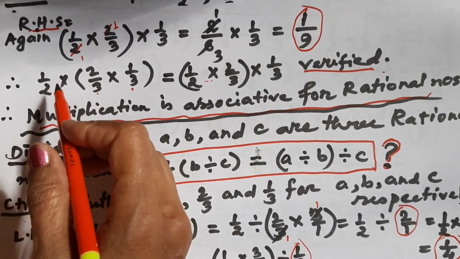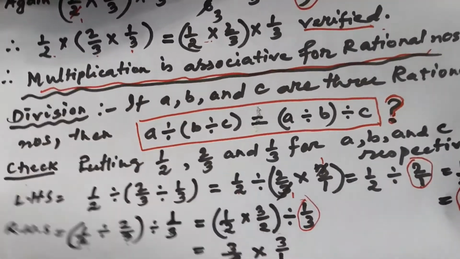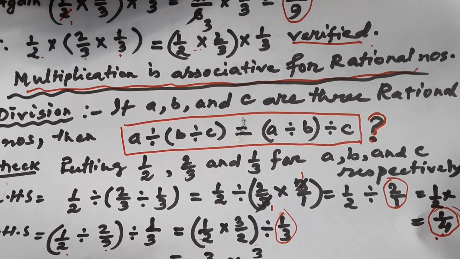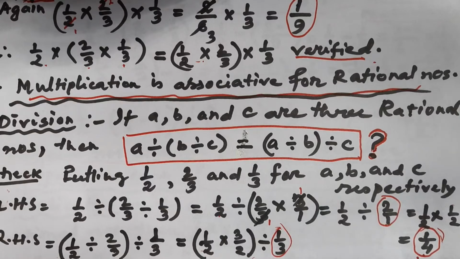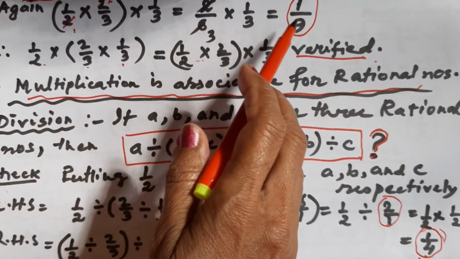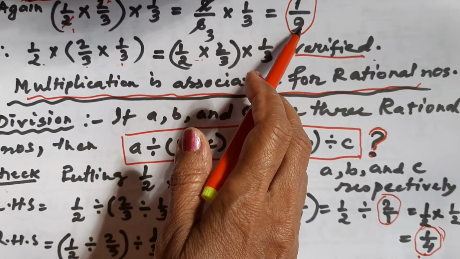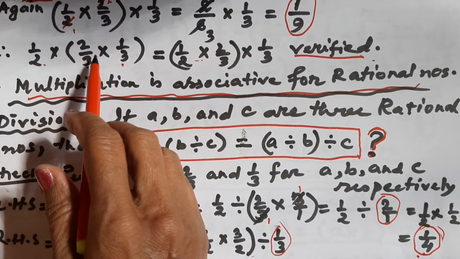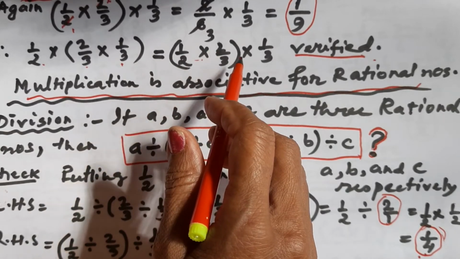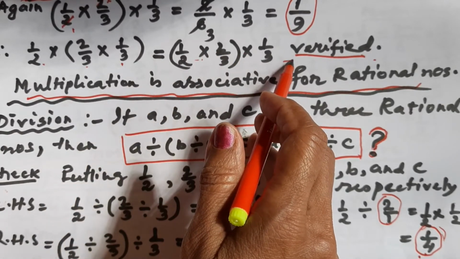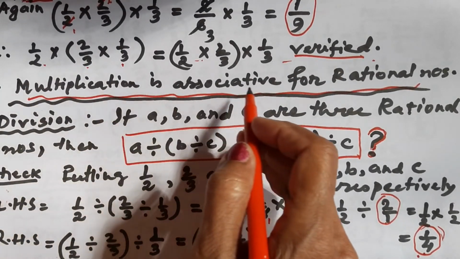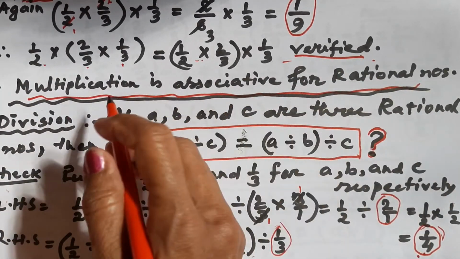Therefore we have found that (A into B) into C is also 1 by 9, and though the brackets are different, the values are same. Therefore 1/2 into (2/3 into 1/3) equals (1/2 into 2/3) into 1/3. It is verified. Therefore, you can write multiplication is associative for rational numbers.